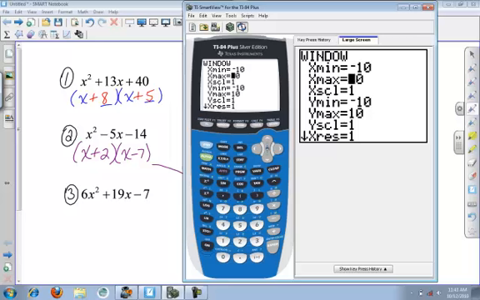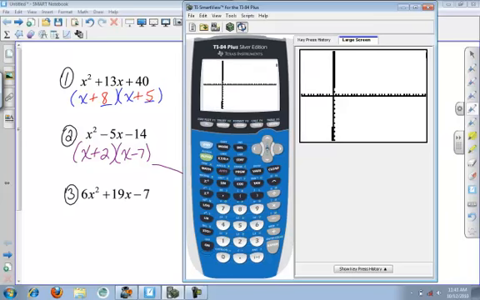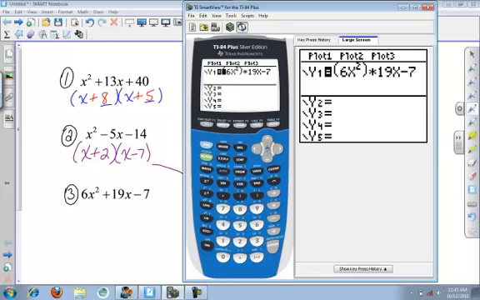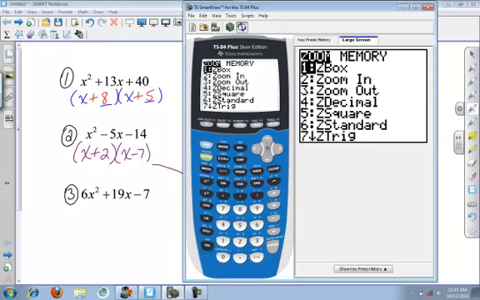Maybe I need to make my x maximum something larger to see the other x-intercept. Maybe I didn't put it in right. Ah, that'll make a difference. If you actually enter the right equation, it helps. So let me just start over. 6x squared plus 19x minus 7. And we'll start with zoom 6.